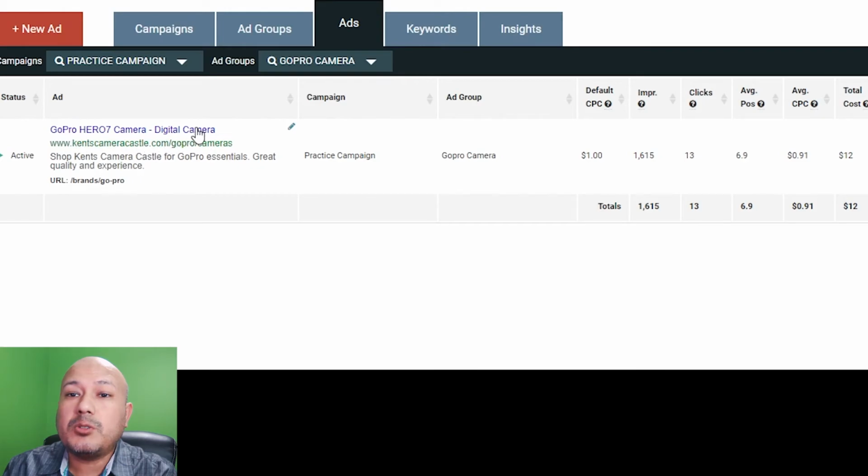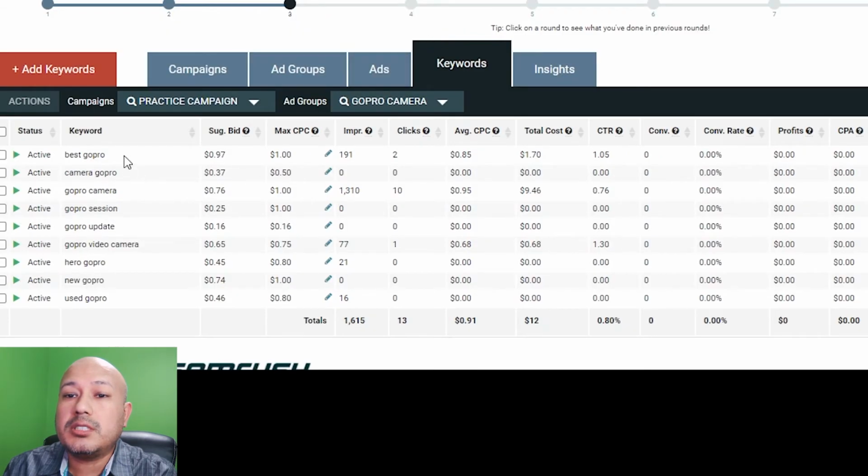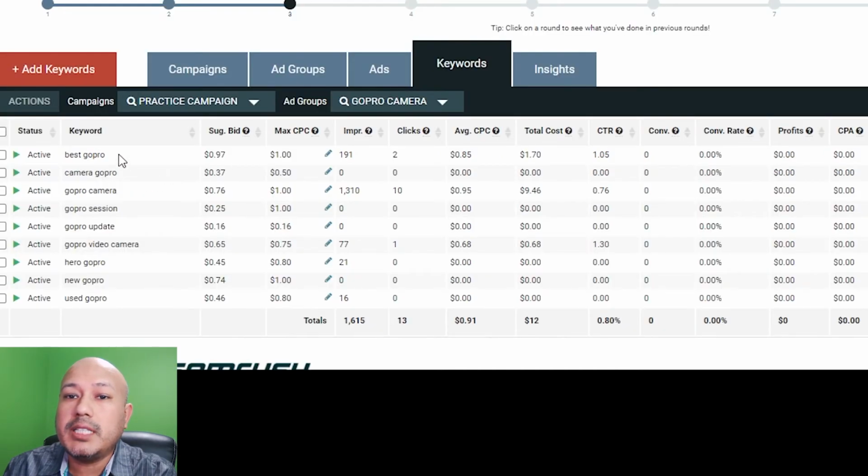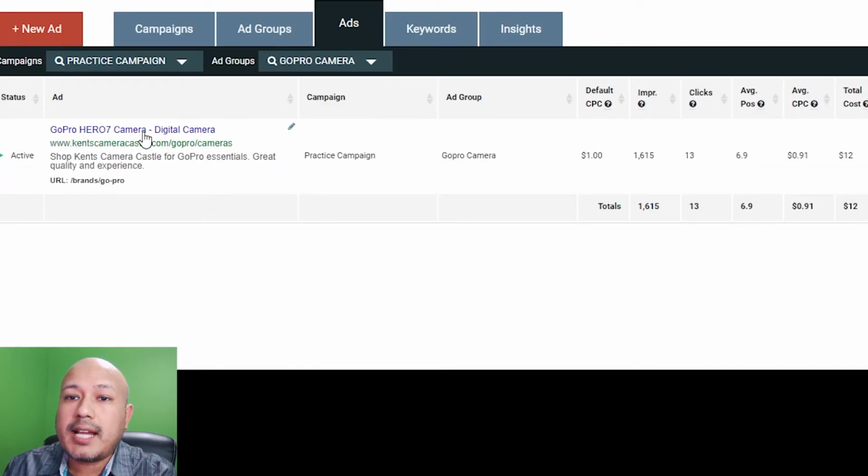This ad is about GoPro Hero 7, but the keywords that have been bought are not about GoPro Hero 7 completely, right? So this particular advertisement is only going to show up when somebody is typing these keywords. Now when somebody is typing these keywords and this ad shows up, how likely do you think those consumers are going to be to click on this ad?